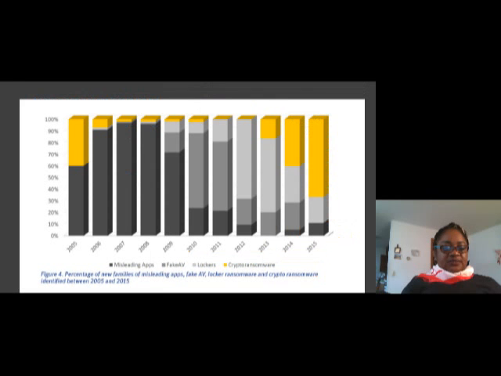So that is the percentage of how ransomware has escalated over the past years. You see, in 2015, crypto ransomware has gone way up. The percentage is so high on how much impact it has on cybersecurity.